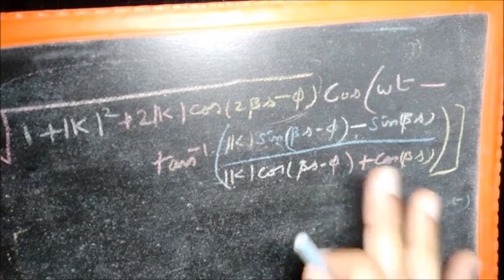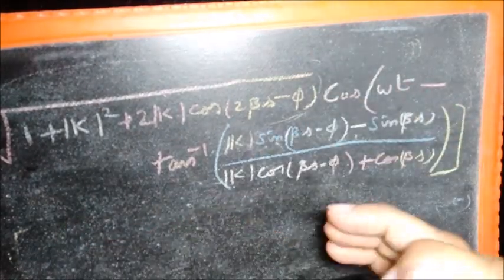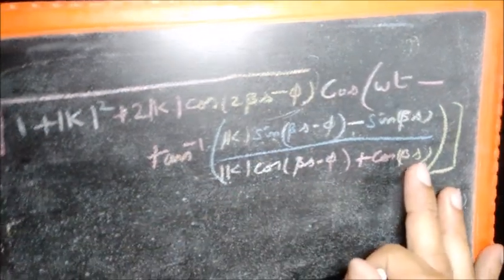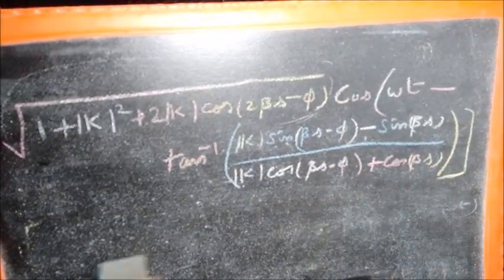In fact, it is difficult to show this whole thing as a function of time as well as s, how the waveform looks on the transmission line. It is difficult to show that here.